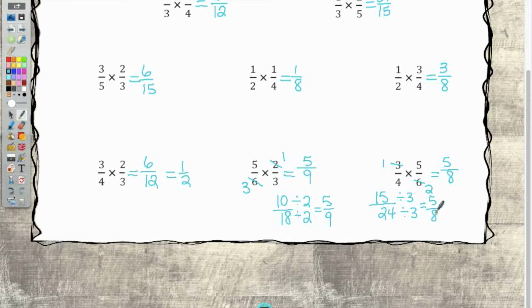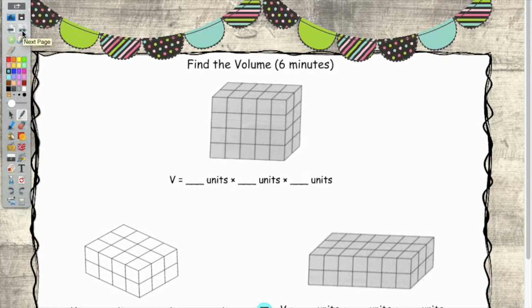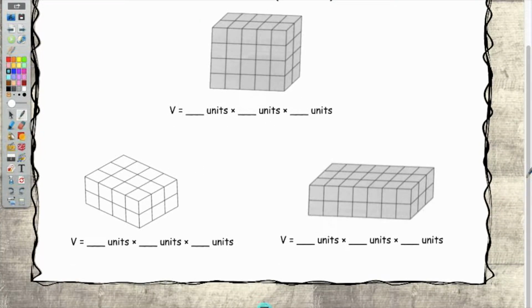Okay. Let's take a look at the next one. This is volume, but I want to remind you that we're doing it a little differently. I have a reason for this. So underneath this, I want you to write equals, equals. I think that's all you need. So go ahead and count your length. What is it? 5.